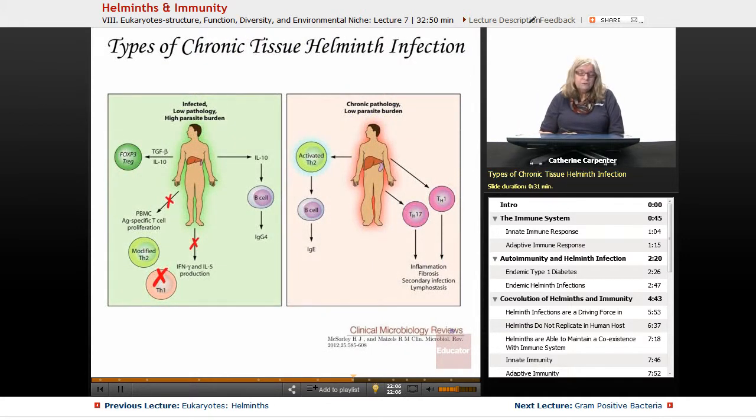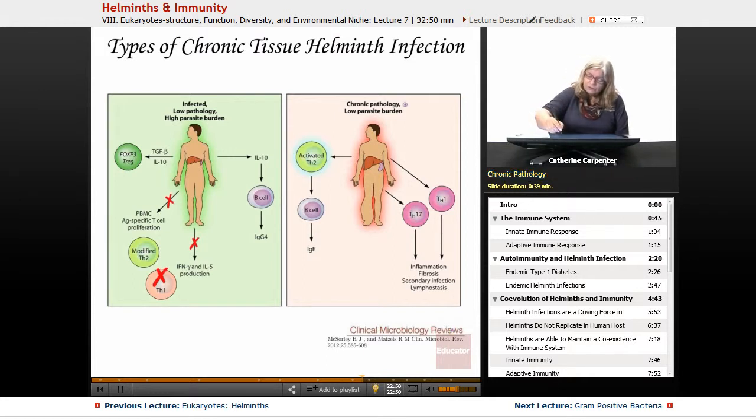So here is some other information that is important to know. Individuals who become infected with the helminths, and we discussed this in the filariasis example, some individuals actually develop a tolerance to the pathogen, and they have a much greater burden of the particular helminth, Wuchereria bancrofti, living in the lymphatic tissue. However, they have a low pathology. They generally don't show elephantiasis, and they have developed a tolerance for the presence of this particular helminth.